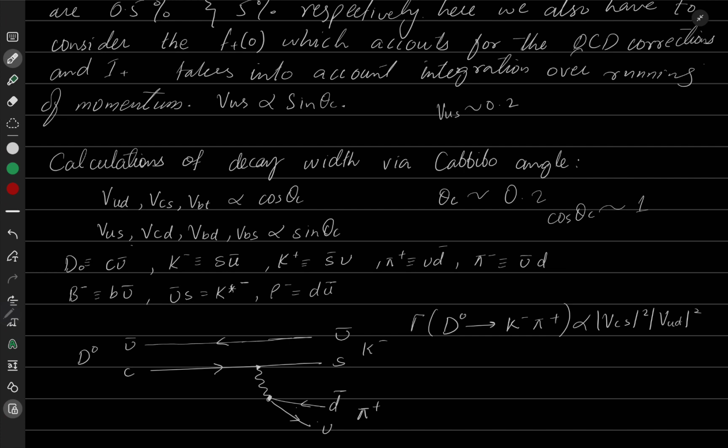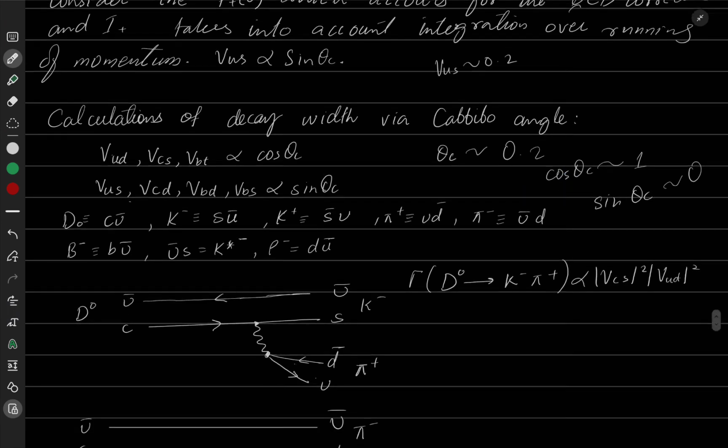So the coupling of VUD within the same generation is around 1, and the coupling across the generations like VUS or VCD is proportional to sine of theta C. And the fact that theta C is very small means sine of theta C is close to 0, not exactly 0.